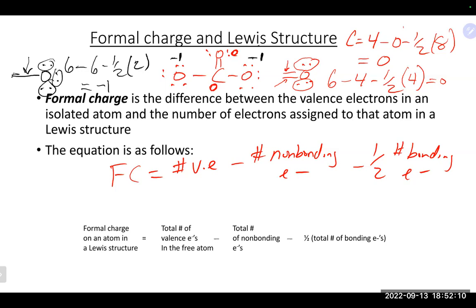And typically, if you calculate formal charges and have really large ones like +2, +3, +4, those are most likely not going to be the best structure. So depending on how you arrange certain things, you can use formal charge to help you decide which arrangement would probably be the best Lewis structure.